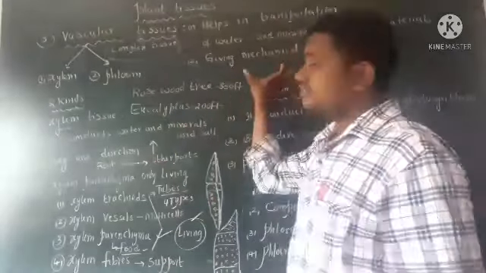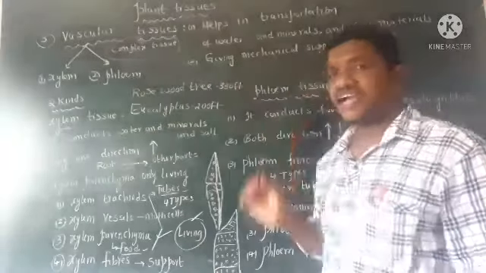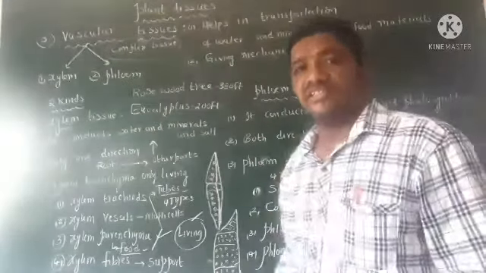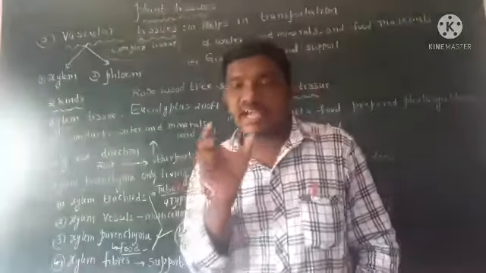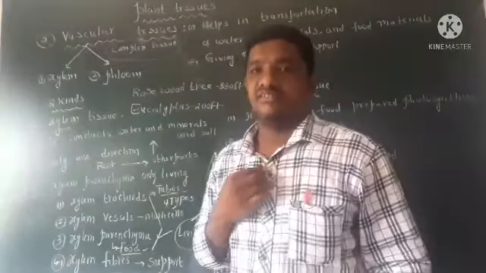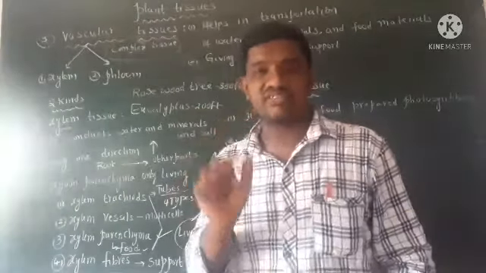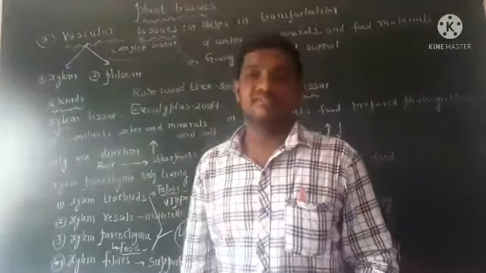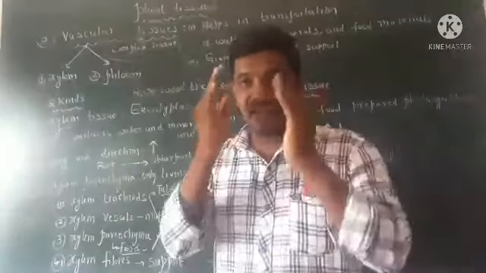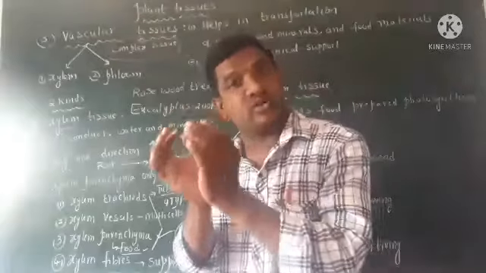Second, vascular tissues give mechanical support to the plants because they consist of fiber-like structures, fibers. Those are nothing but thread-like structures. Those thread-like structures give support to the plants.